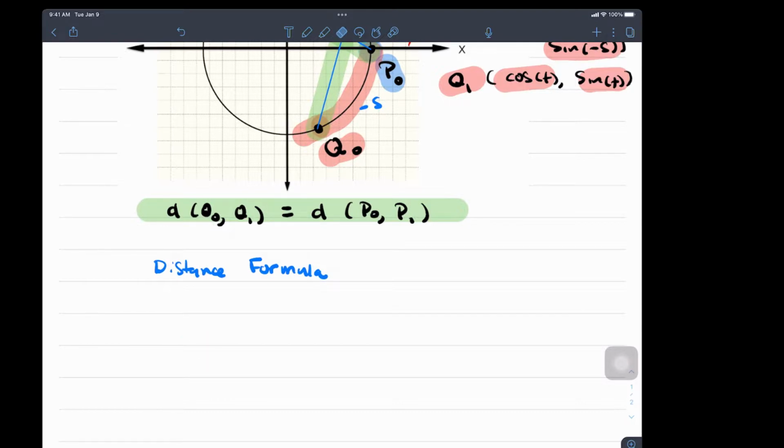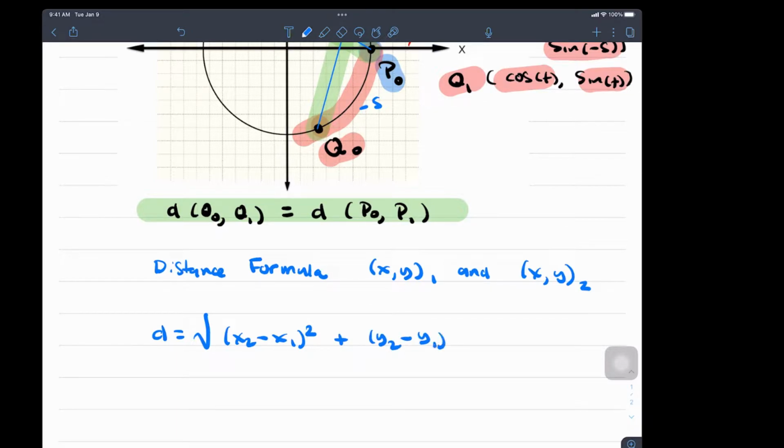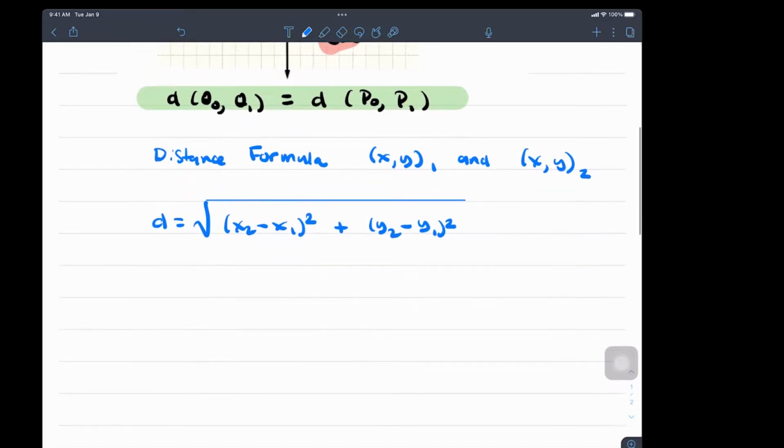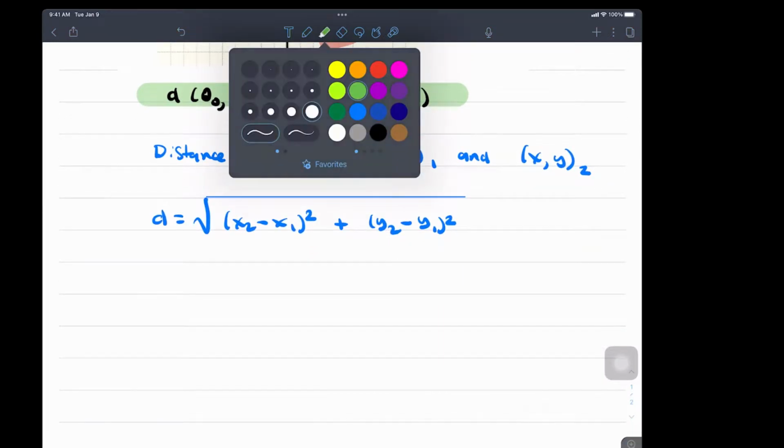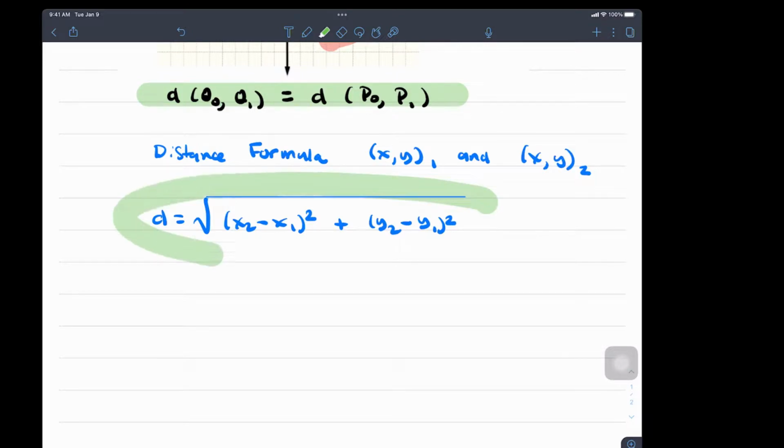From geometry, that's when you have 2 points, like here's (x, y), and here's a second point. Distance formula: square root of (x2 minus x1) squared plus (y2 minus y1) squared. There you go. Okay, distance formula.